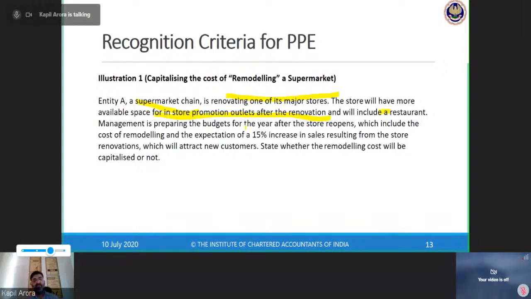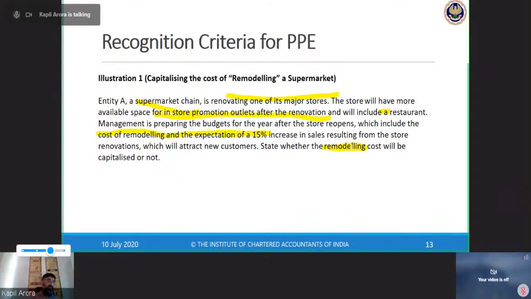Management is preparing a budget for the year after the store reopens, which will include the cost of remodeling and the expectation of a 15% increase in sales from the renovation, which will attract new customers. This remodeling, the renovation which we are doing, will this be considered as a capital expenditure or revenue expenditure?